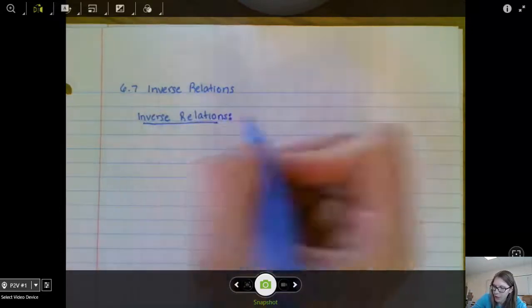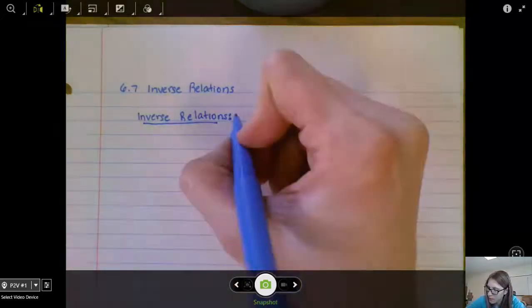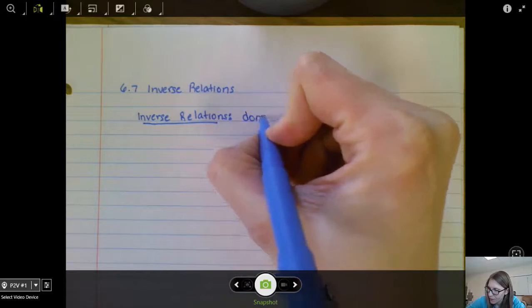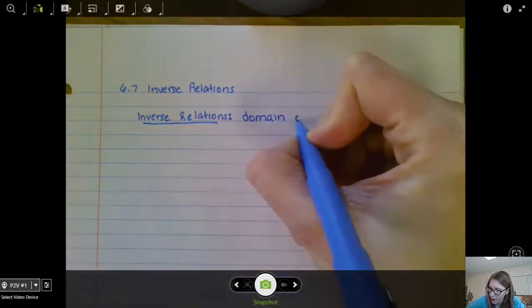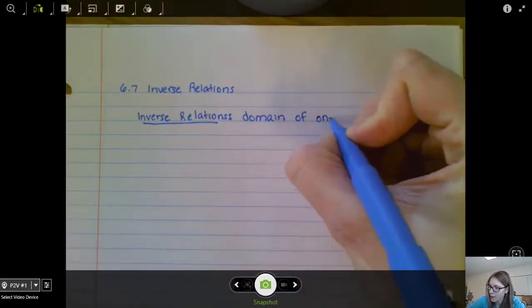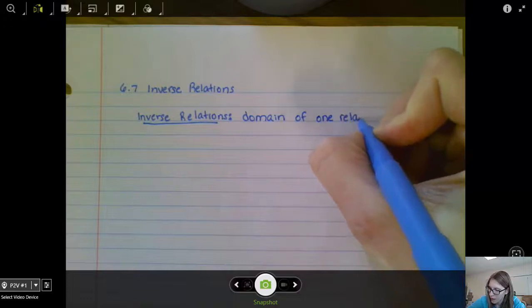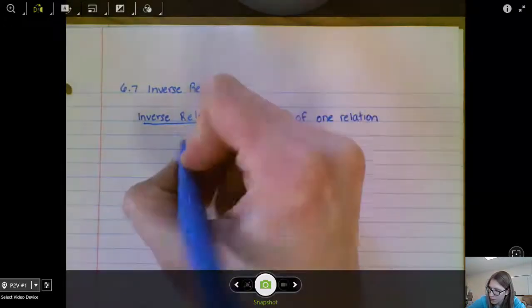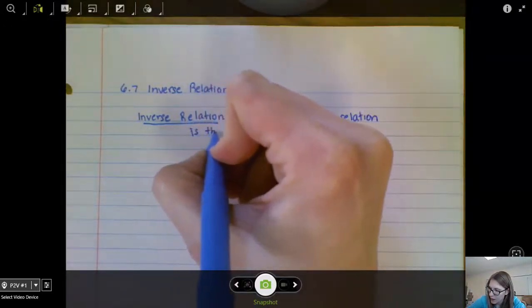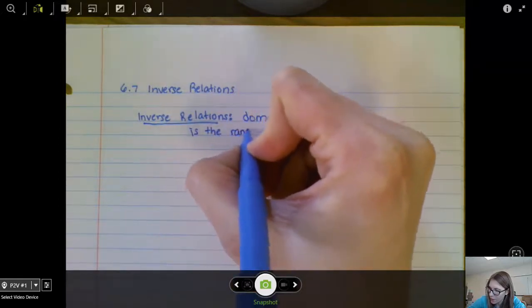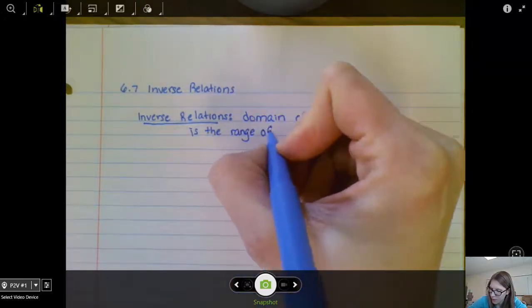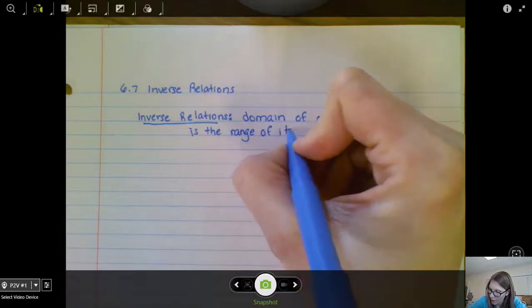When we have inverse relations, the domain of one relation is the range of its inverse.